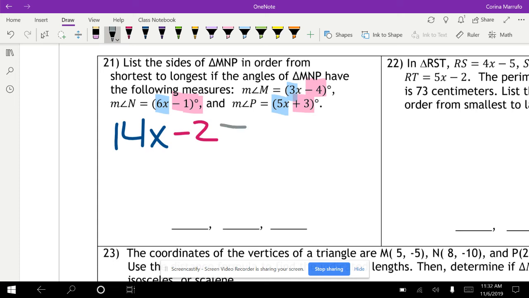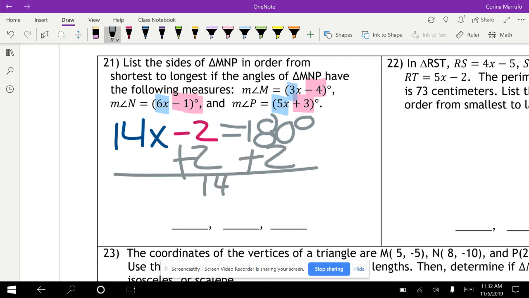And all three angles of a triangle will always equal 180 degrees. So we're going to start solving for x. So we add the 2 and we get 182. So 14x equals 182. And then we divide by 14. So 182 divided by 14 is 13.